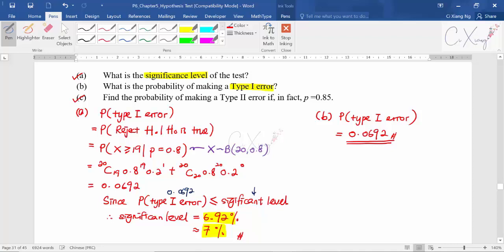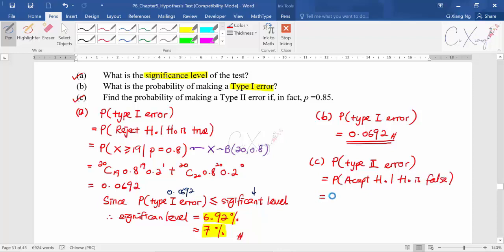They want you to calculate the probability of making a type 2 error. To calculate the probability for type 2 error, what is the definition? You accept the null hypothesis when the null hypothesis is false.